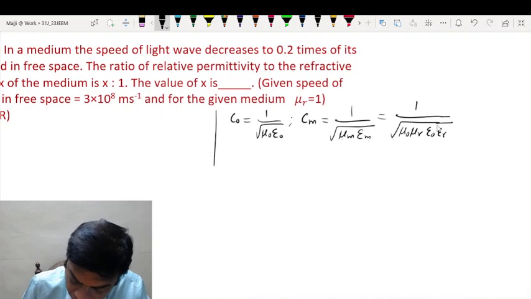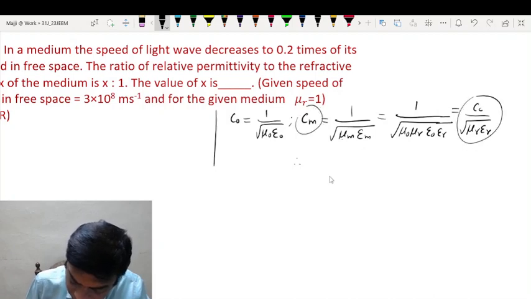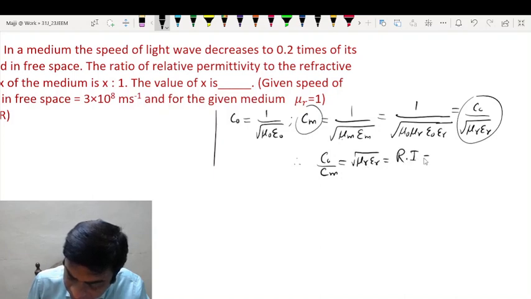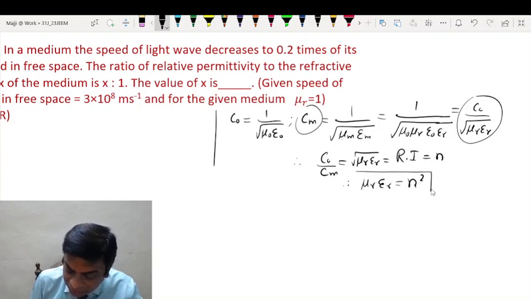So finally it can be written as C naught upon under root mu r into epsilon r. From this we can see C naught by Cm is equal to under root mu r into epsilon r, which is nothing but the refractive index n. So we have mu r epsilon r is equal to refractive index square.